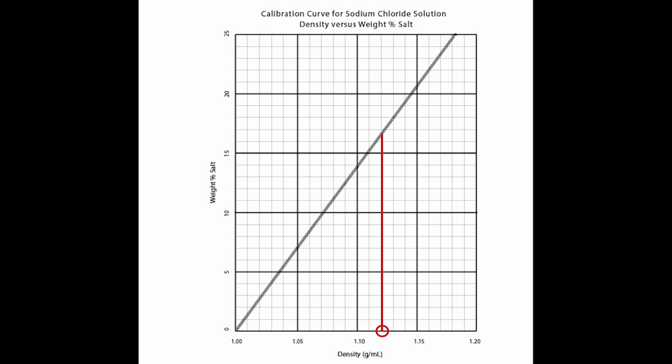Then you take that and draw a horizontal line until it crosses the y-axis. And where it crosses the y-axis, that is the weight percent salt. For this example, not your data, but for this example, it turned out to be 16.5%.